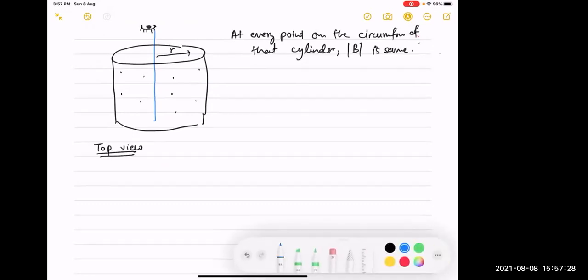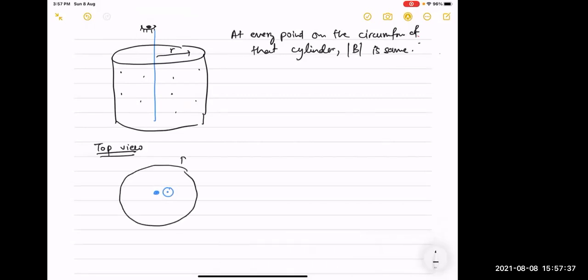That the current is coming towards you, like coming out of the plane, and the magnetic field at point P is like this. Yes or no? Okay, did everyone understand this?